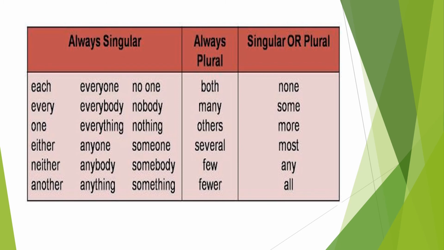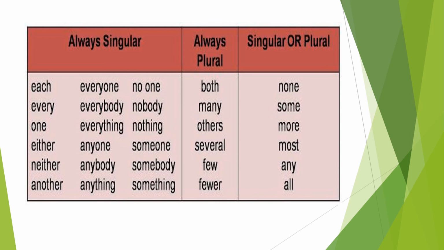Well, as we mentioned in the previous one, we have here the indefinite pronouns which we always use in the singular, even if we talk about somebody or everything, or everybody, for example. But we also have others which we use in the plural, like both, many, others, several, few, or fewer.